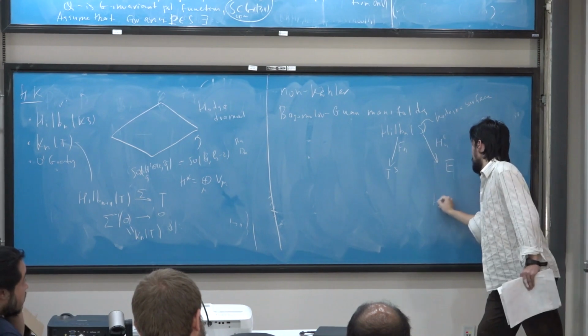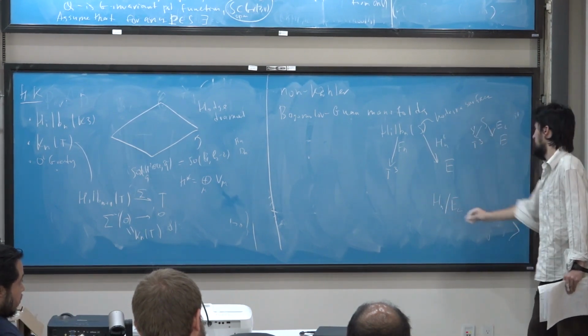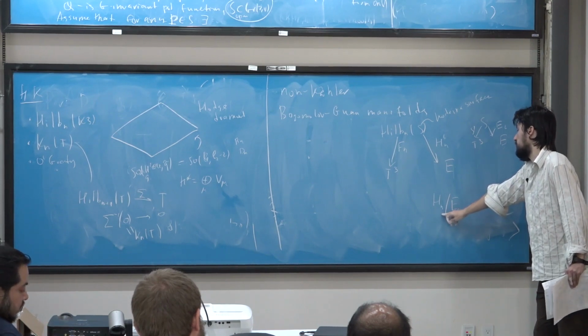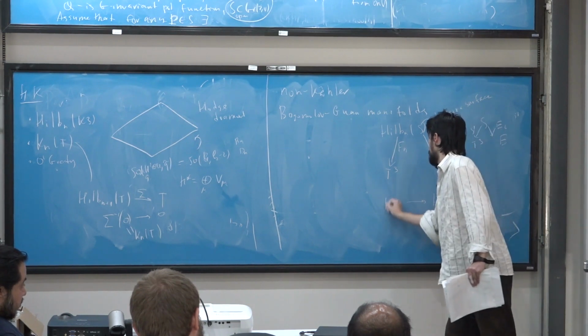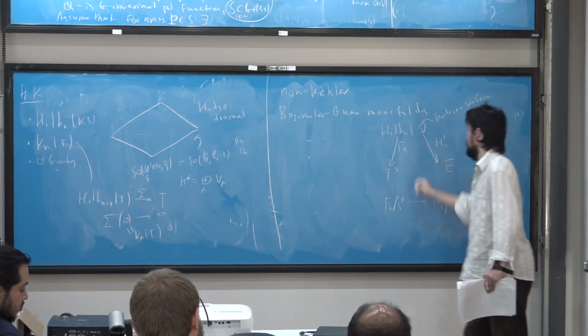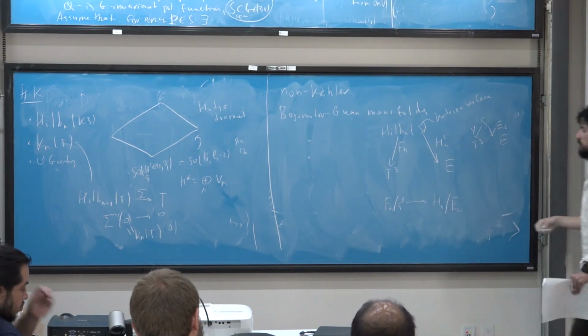And then we can see the following. So Hn modulo the elliptic curve action, the fiber of the Kodaira surface, is a complex manifold with singularities. And we have Fn modulo S1. So Fn is a real manifold, but after the S1 action it is also a complex manifold with singularities.